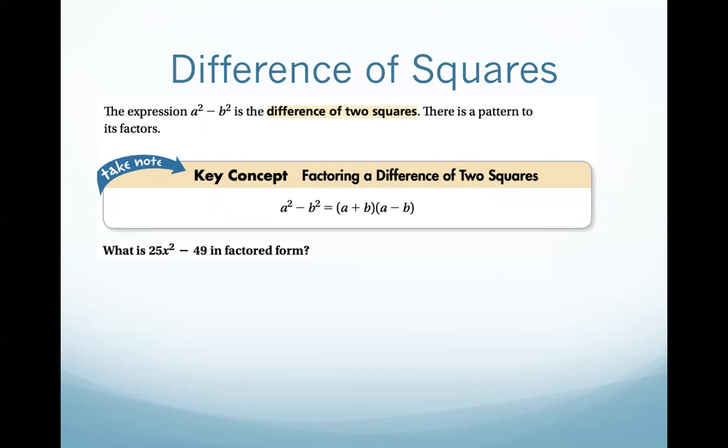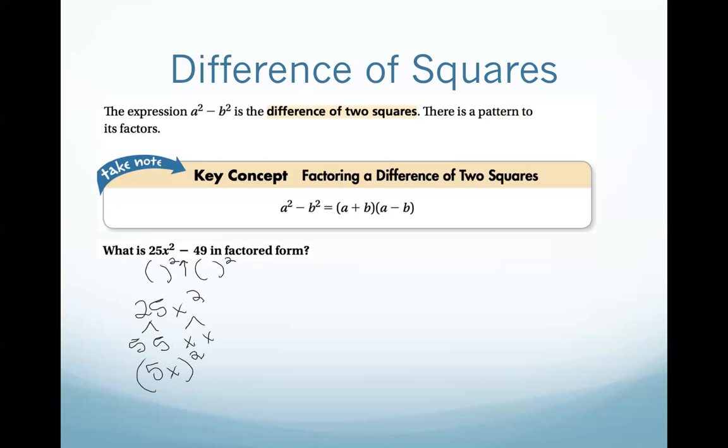If I have two terms and subtraction in the middle, there's no GCF, there's nothing in common with 25 and 49, then what we want to do is say, can I write this as something squared? And can I write this as something squared? So we're looking at 25x squared and saying, okay, well, 25 I recognize as 5 times 5. X squared is x times x. So I can write this as 5x times itself.